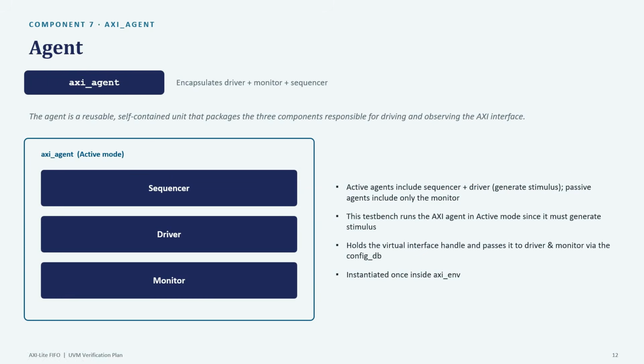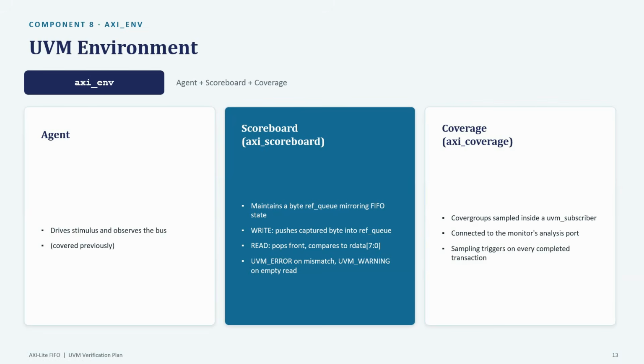Next is agent. The agent is going to have the sequencer, driver, and monitor. All these components will be connected inside my agent, and this agent is a reusable self-contained unit that packs all these three components for driving and observing the AXI interface. Coming to the UVM environment, it is going to connect the agent, and it is also going to have the scoreboard and coverage collector.